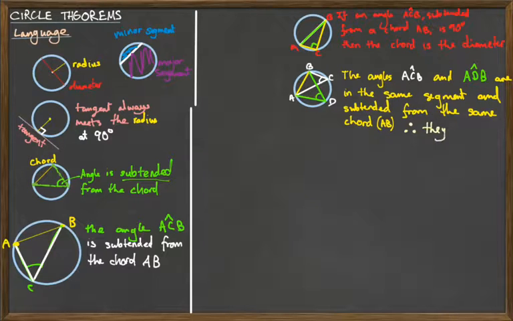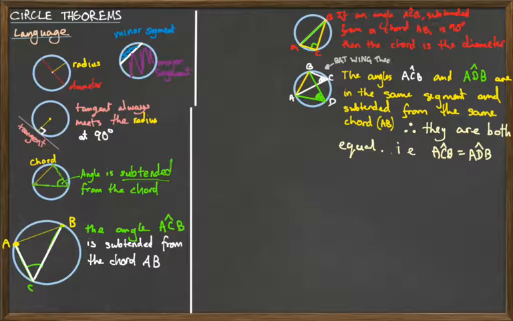That means, therefore, they are both equal. So those angles, that white angle and that green angle there, they're both equal. So ACB is equal to ADB. That's your second circle theorem. Now, I've just named this theorem the batwing theorem, just because they look a bit like bat wings.